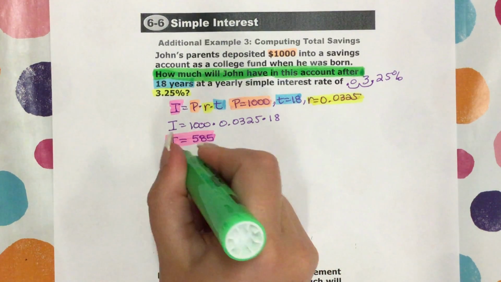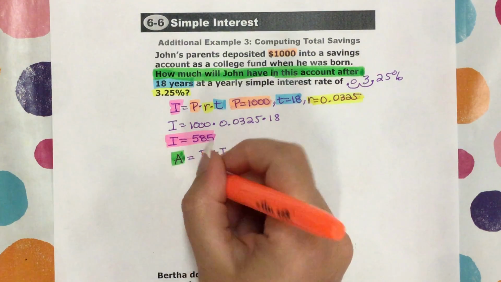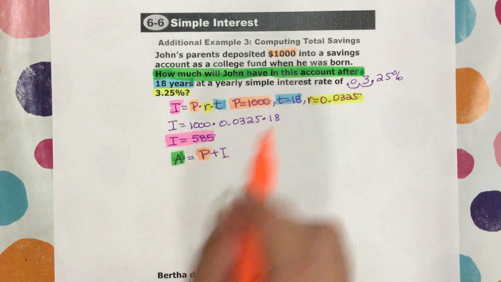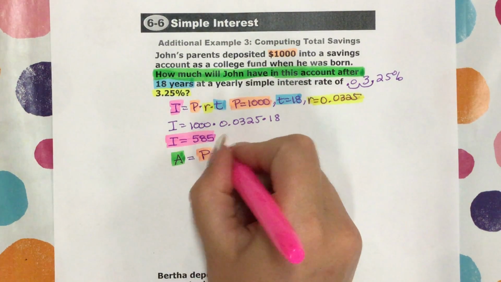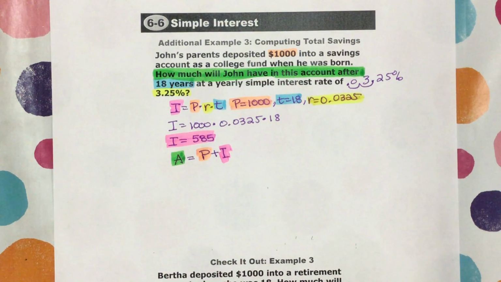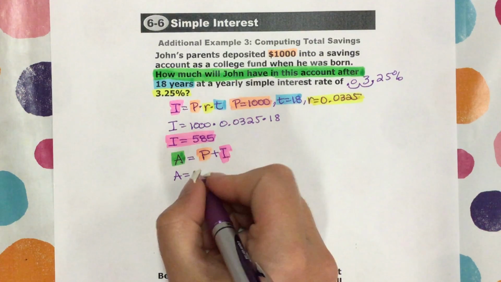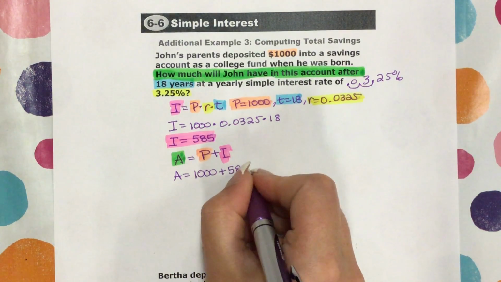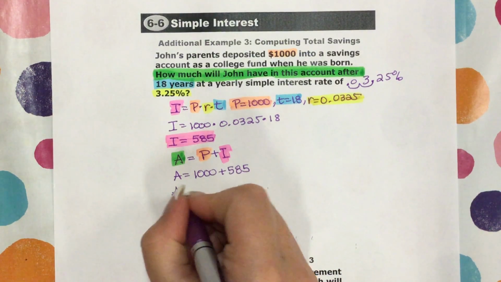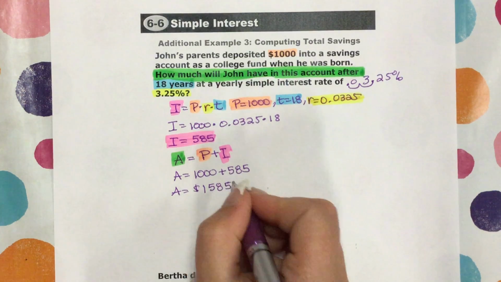So to find the amount, we're going to take the principal, which we already know is 1,000, and add it to the interest that we just figured out, which is 585. So we're going to substitute those values in to figure out the amount. The principal is 1,000. The interest is 585. And if we add those two, we get $1,585.